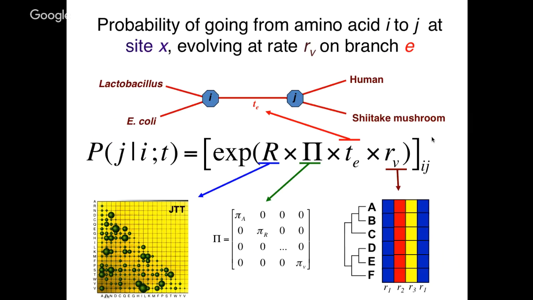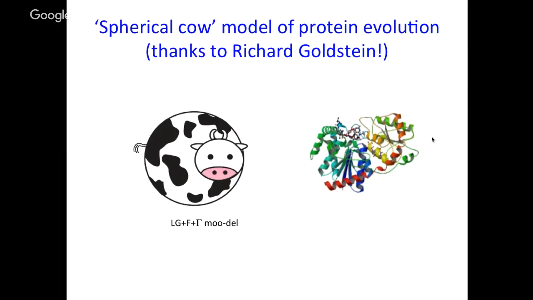So that is our single matrix model, and that still today is probably the most widely used model of amino acid sequence evolution. And it's done incredibly well over the years. The difficulty is, and this comes actually from an earlier Phylobabble talk, so I'm stealing this from Richard Goldstein, that unfortunately, it's a spherical cow type model of protein evolution.